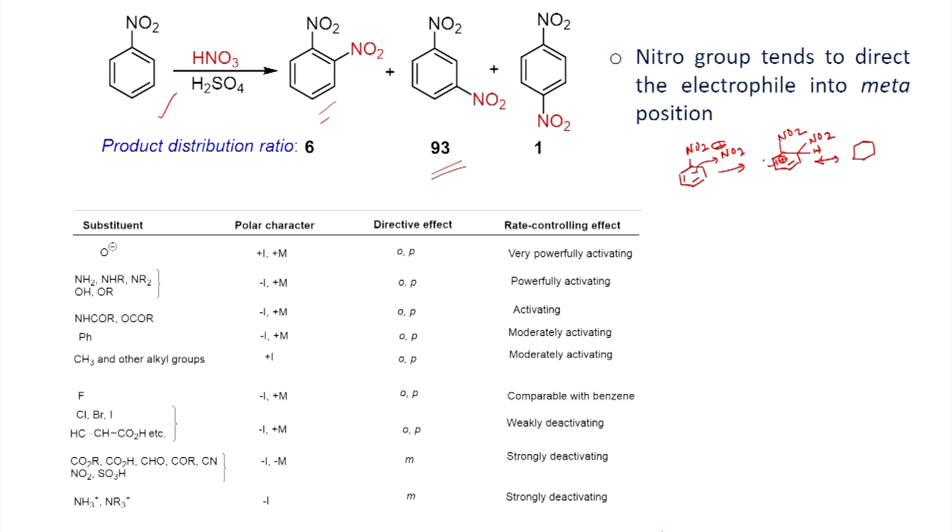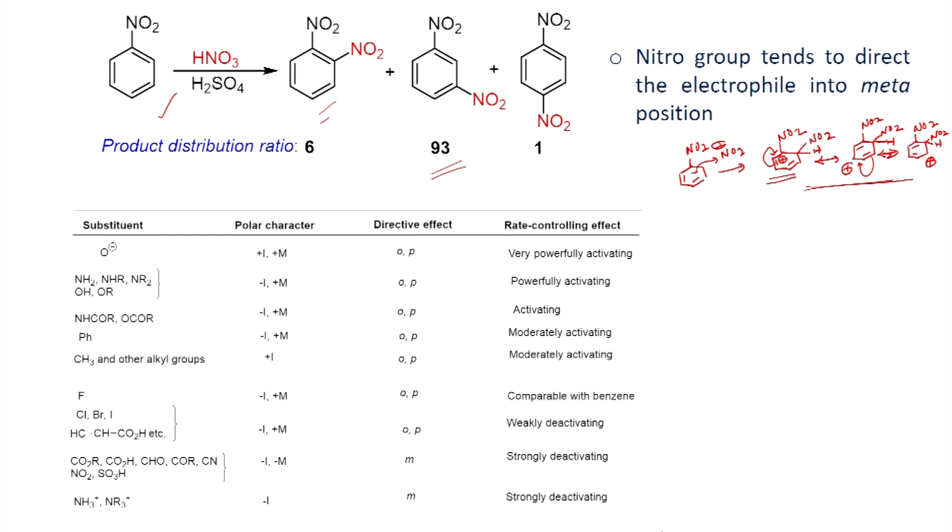So, if you try to draw the resonance structures, if the nitration takes place at the ortho position, you will be able to form this carbocation, which has three possible resonance structures.